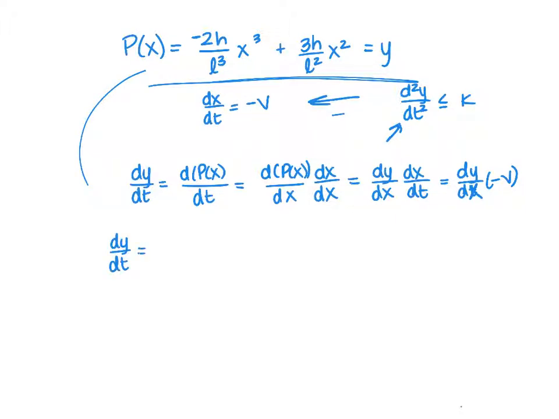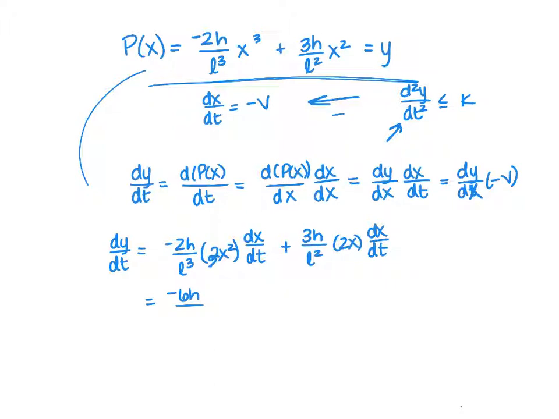So let's look at this expression up here and take its derivative with respect to x. And so we get minus 2h over L cubed times 3x squared, and then we write dx/dt. And then we have plus 3h over L squared times 2x dx/dt. I should add a 3 here, sorry.